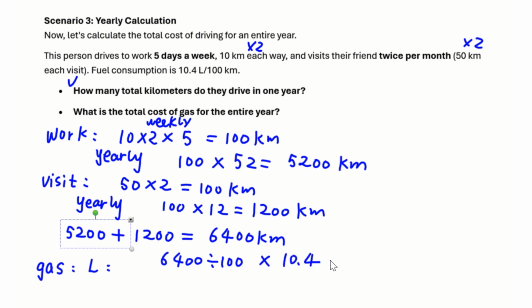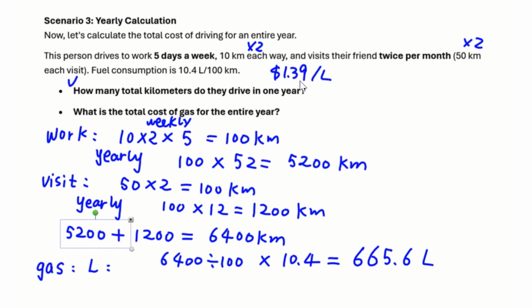So we have 64 times 10.4, 6,400 divided by 100 times 10.4 gives you 665.6 liters.